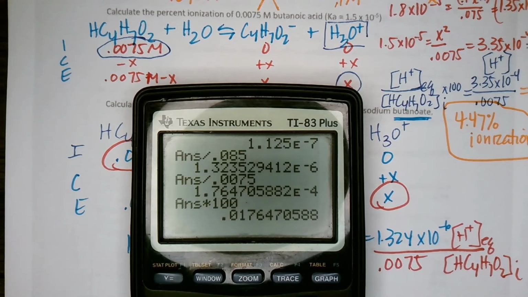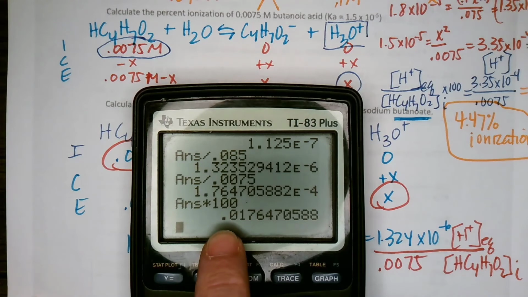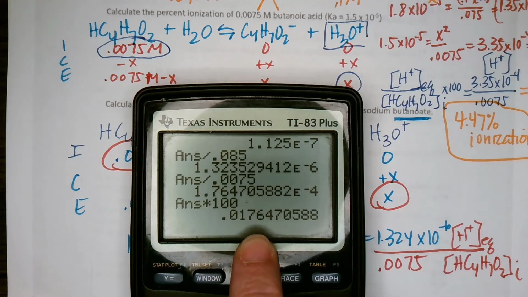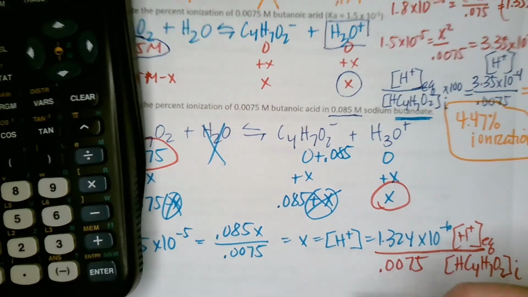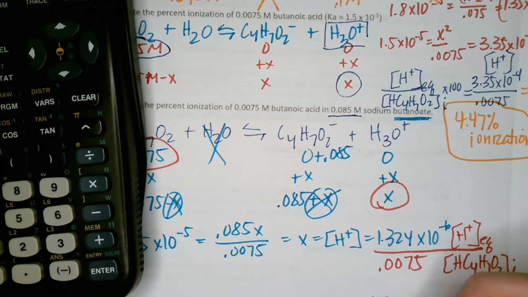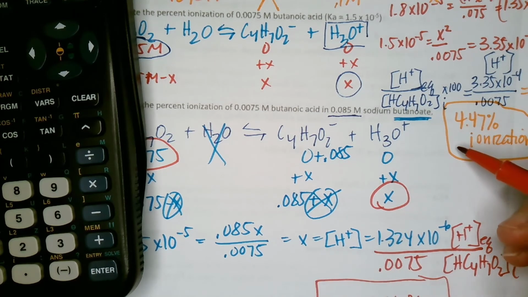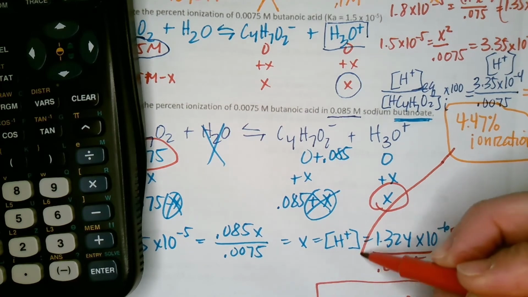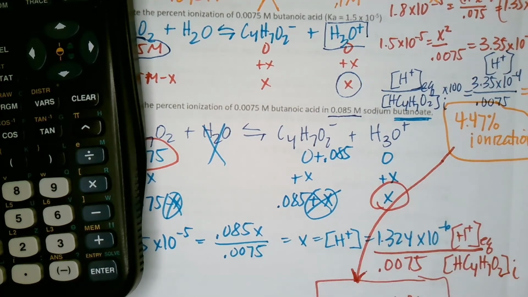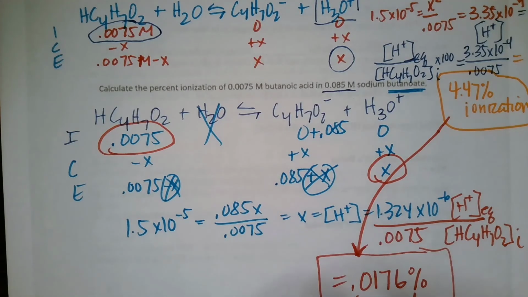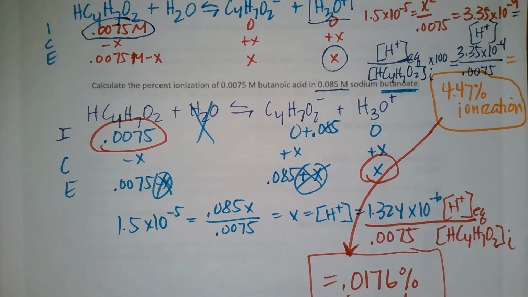So divided by 0.0075 and times it by 100. And we get an ionization of 0.0176%, which is a huge decrease from my 4.47%. So that common ion effect definitely affected the ions in this problem.